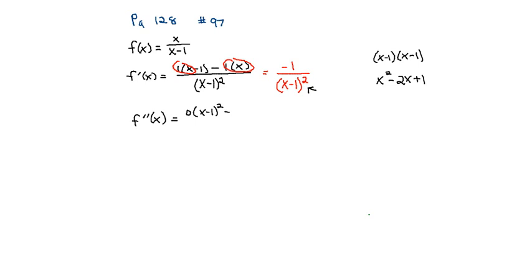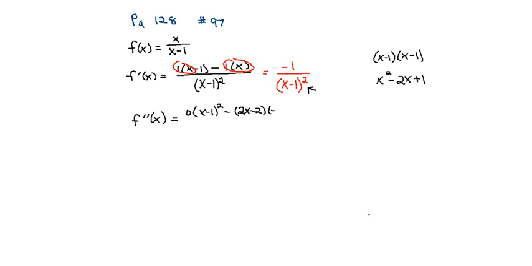Now we're going to take the derivative of that and put it right over here. So derivative of x squared is 2x. Derivative of negative 2x is minus 2. And then multiply that times the top, which is simply negative 1.